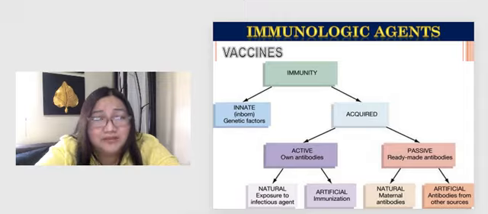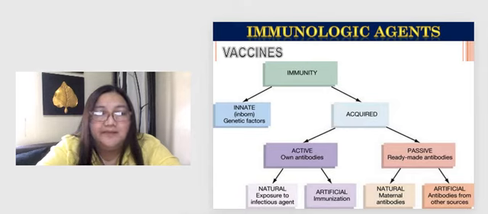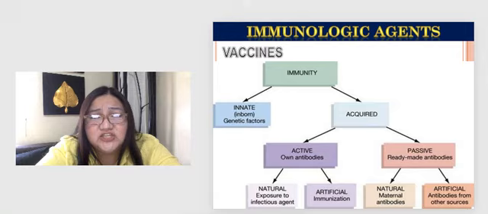Pero merong mga sakit na meron din talagang mga artificial passive acquired antibodies. Example, yung mga IVIG sa mga sakit na Kawasaki disease, which you will discuss in your higher years.